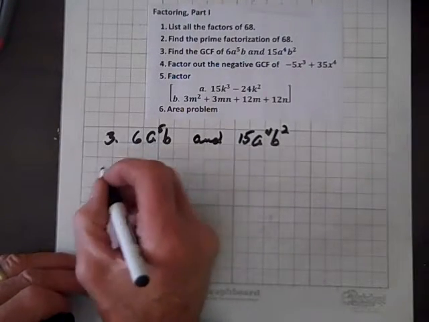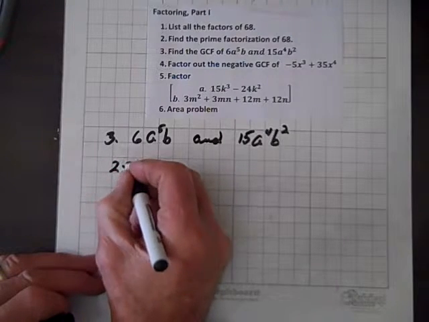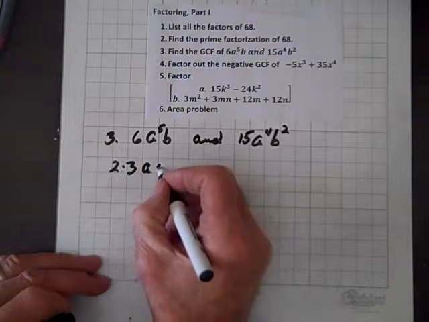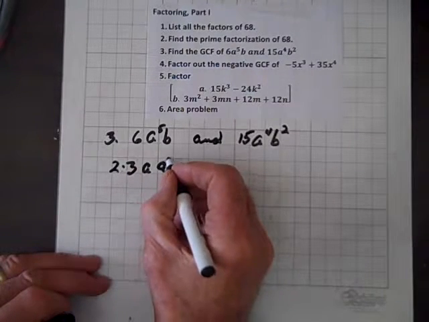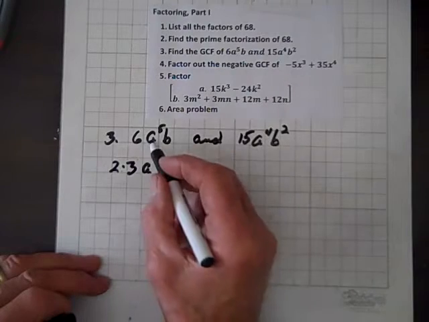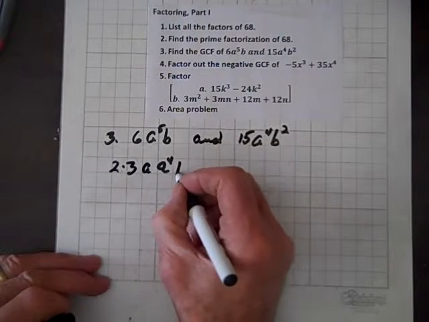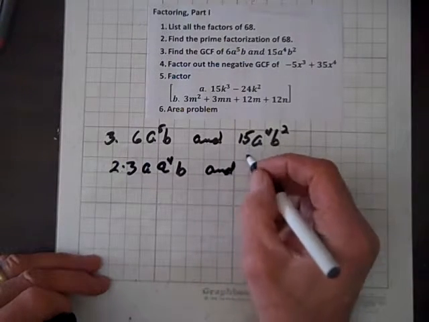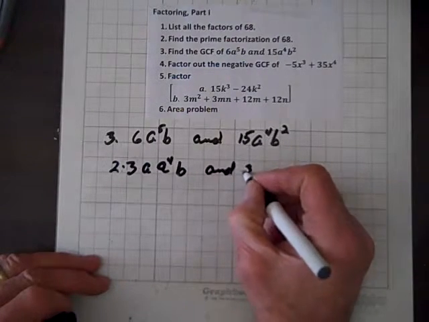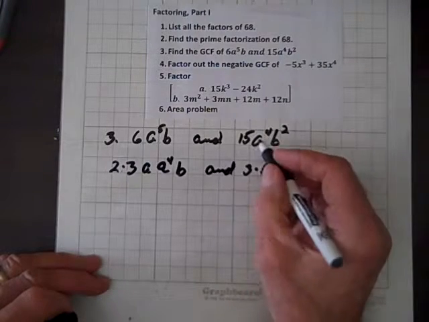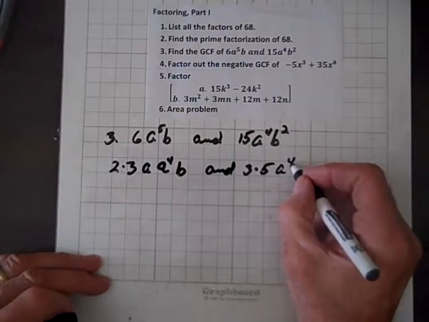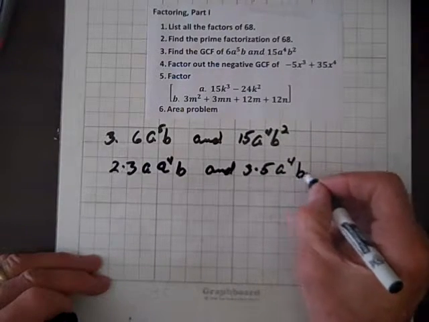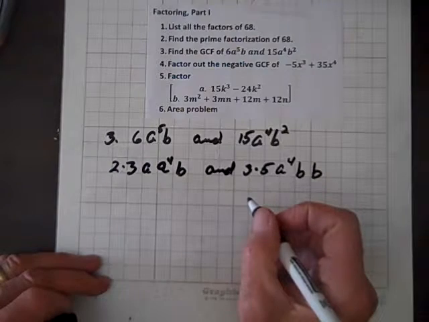So 2 times 3 is 6, and let's see, a times a to the 4th is a to the 5th, and b, and the prime factorization of 15 is 3 times 5, a to the 4th, and b squared written in terms of b is going to be b times b.